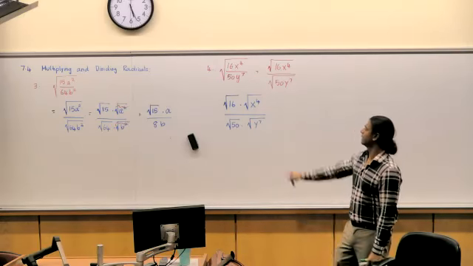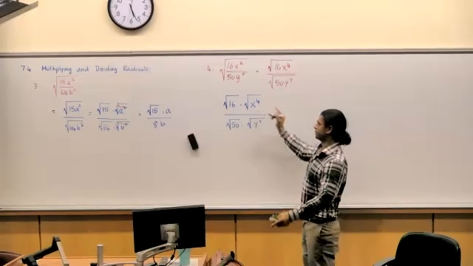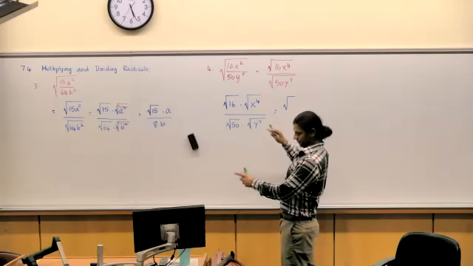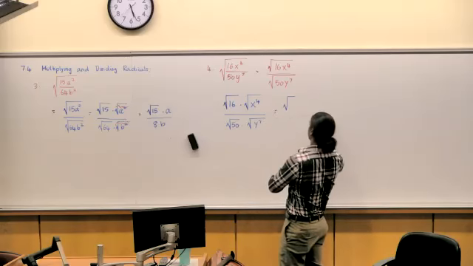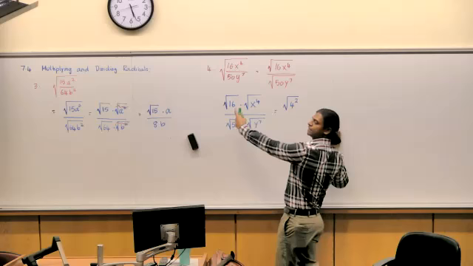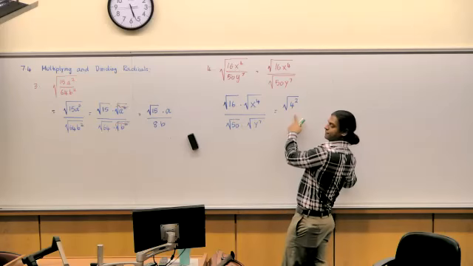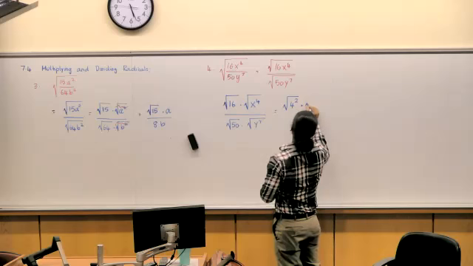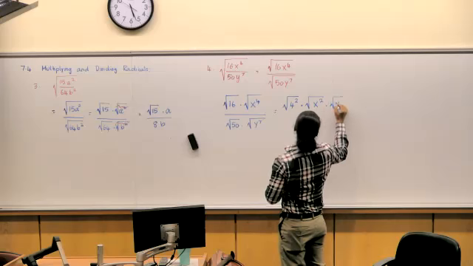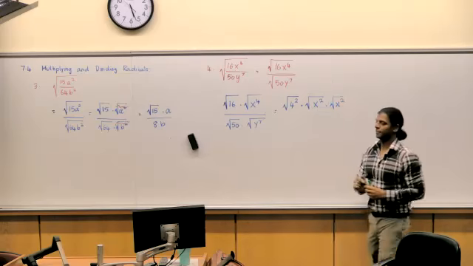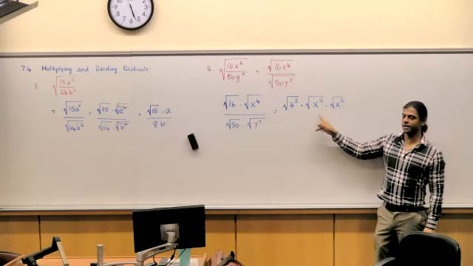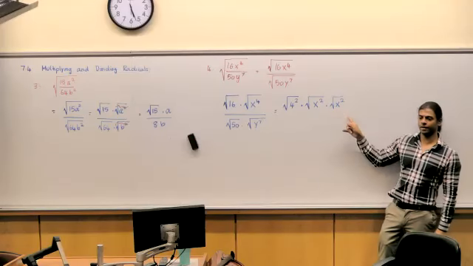Correct? I can split x raised 4 as x squared: square root of x squared times square root of x squared. Before that, I'm going to rewrite 16 as 4 squared.